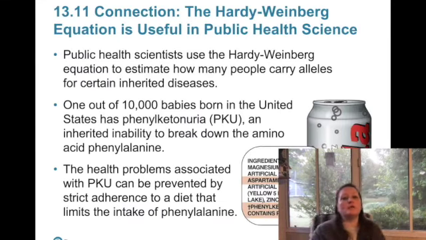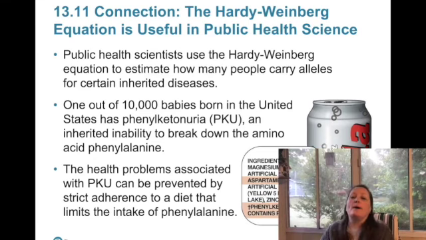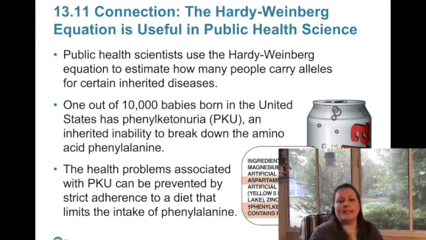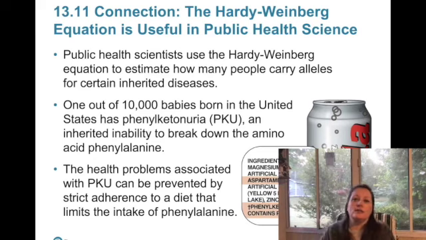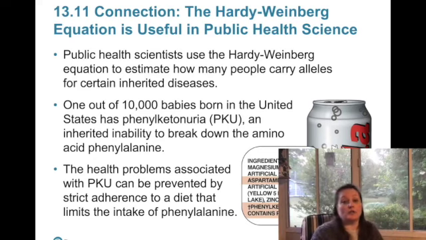Now, here's a more interesting one. Hardy-Weinberg equation useful in public health science. Well, they actually use this to try to predict various things, and the more people who do the 23andMe and the Ancestry DNA test, all those things, they're making a huge bank full of all these people's genetics, and it's answering a lot of questions, and we're getting to see more of how this works.